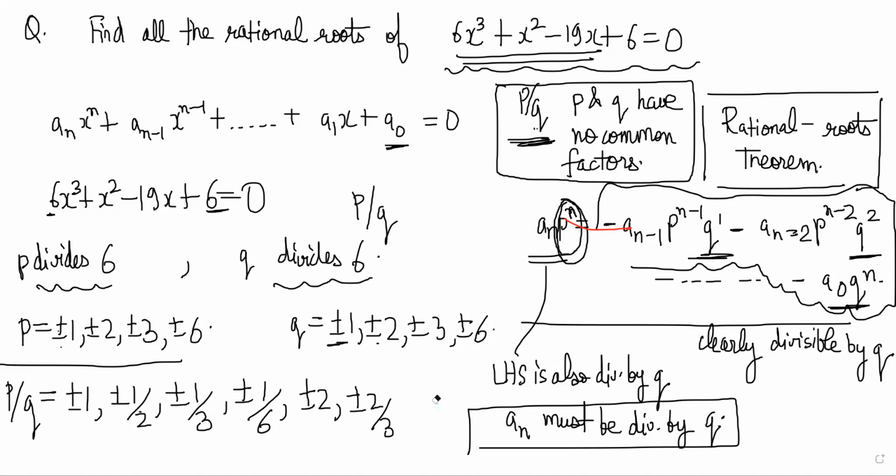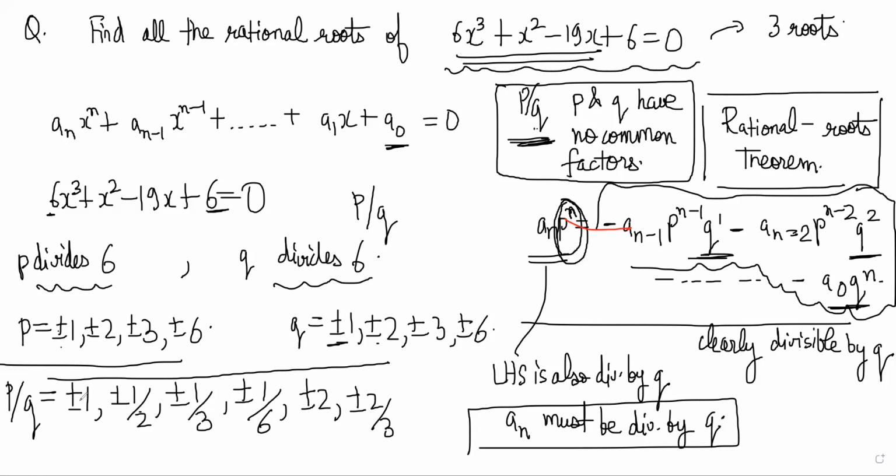So you can find the list of all possible rational numbers you can form from p by q, right? After that, you just have to check one or two of them. Ultimately, there will be only 3 roots. Once you get 1 or 2 roots, you can factorize and get the rest, right?